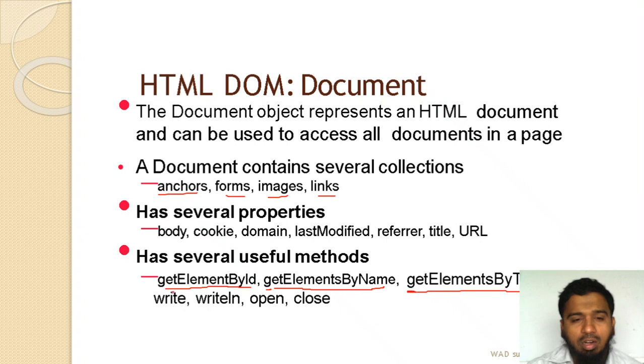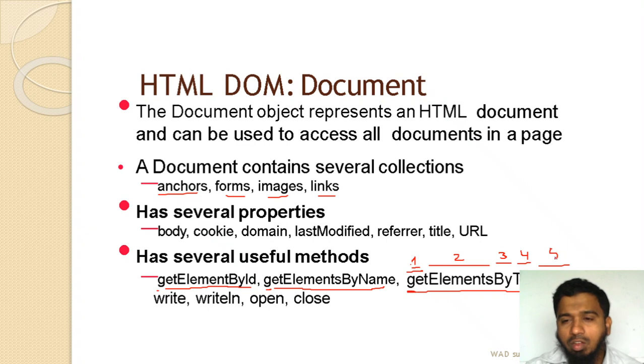But the second word of that method, like get is one word, element is second, by is third, tag is fourth, and name is fifth. So five words are there: getElementsByTagName. The first letter of every method should be small.